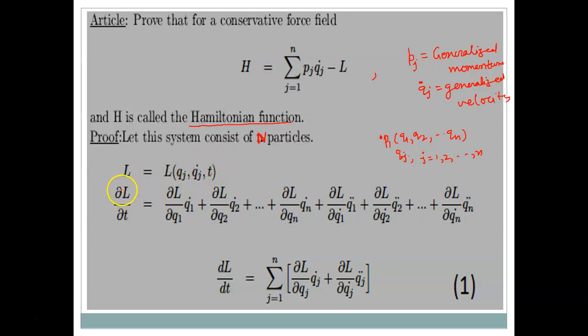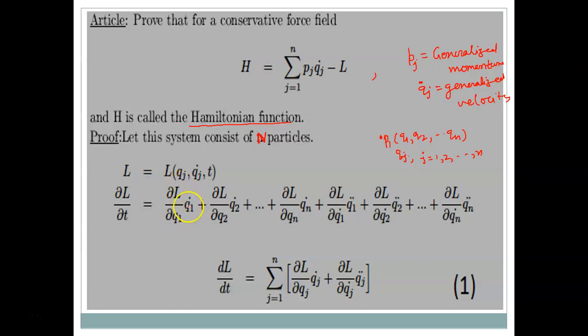Now if you take the derivative of L, then you have dL by dt equal to del L by del q1 times dq1 by dt.